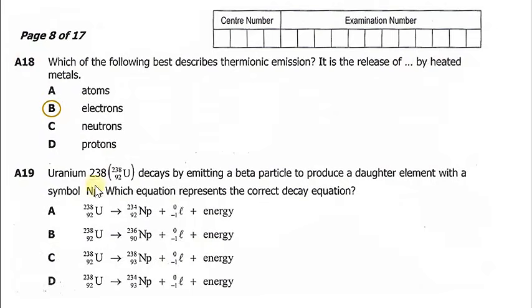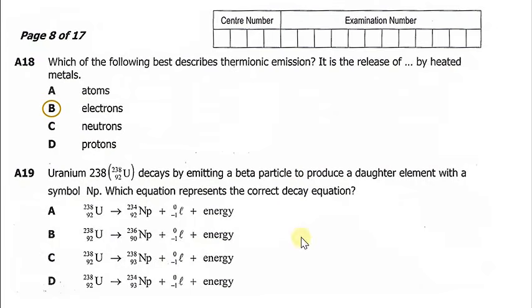Then A19 says uranium-238, which is represented in this nuclide notation, decays by emitting a beta particle to produce a daughter element with the symbol Np. Which equation represents the correct decay equation? Okay, so when uranium decays by emitting a beta particle, a beta particle is just a fast moving electron.